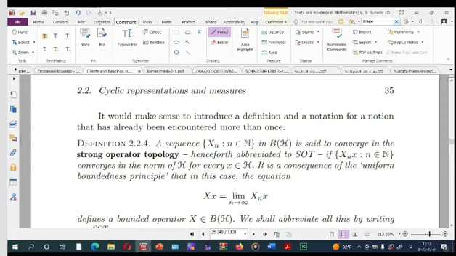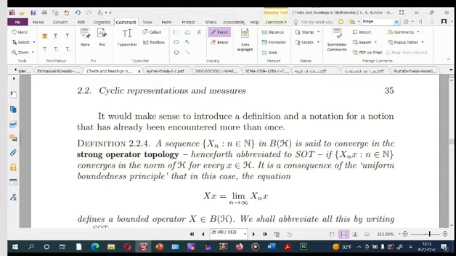So this sequence in B of H is said to converge in the strong operator topology if and only if for any x, this sequence converges in H, because xn is a function from H to H, so xn of x belongs to H, and this is a sequence in H.